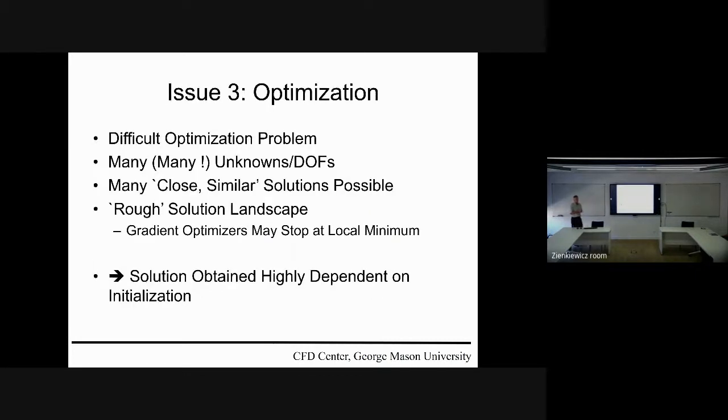So the third one is optimization. It's a difficult optimization problem. Why? Because you have many, many unknowns. It's highly nonlinear. And you have many close, similar solutions that are possible. And this is something that, at least coming from a finite element point of view or from an optimization point of view, is astonishing that nobody has looked at this. So it's a very rough solution landscape.